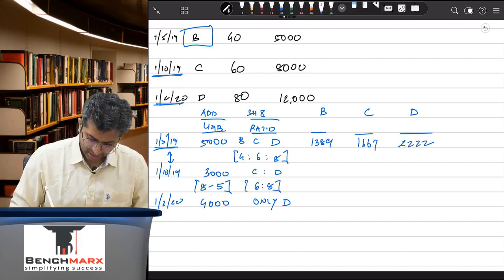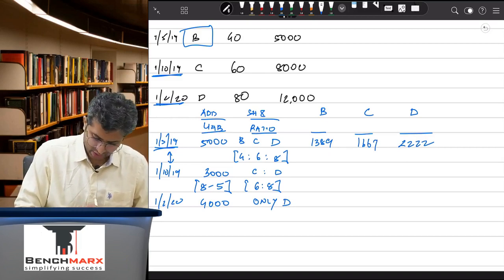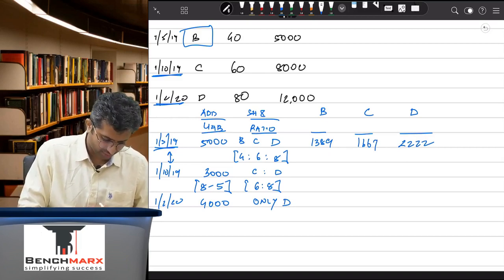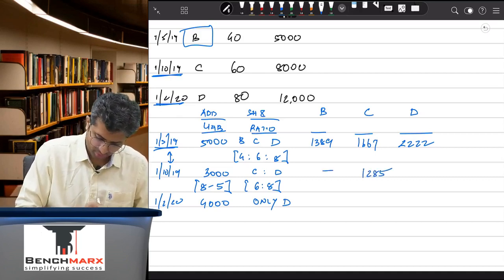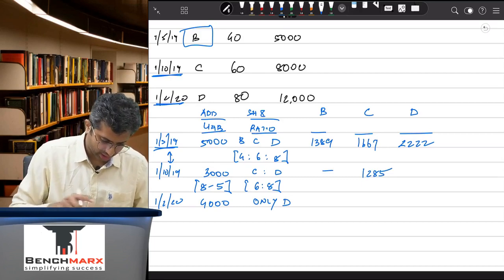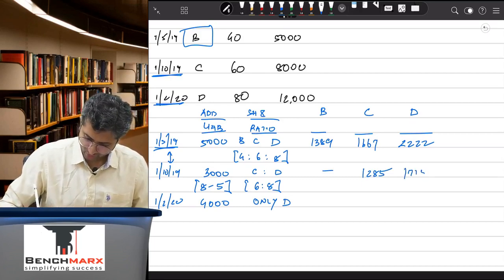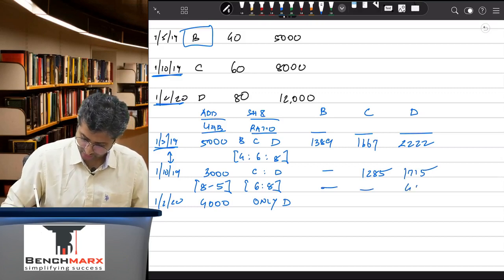Rounded off. Then you have 3,000 upon 14 into 6, 1285, 3,000 upon 14 into 8, 1715, and lastly the entire 4,000 will come over here.